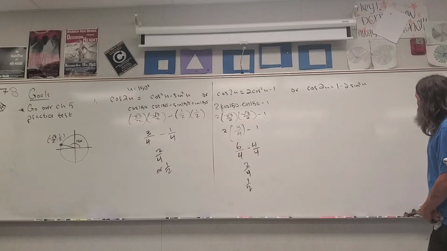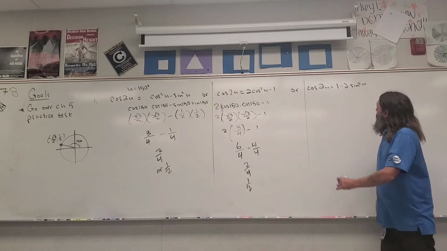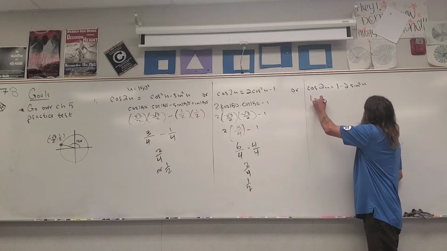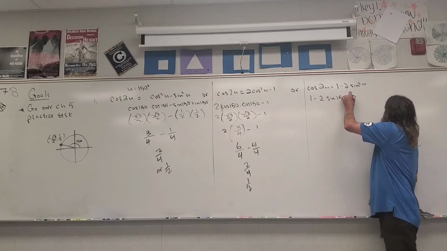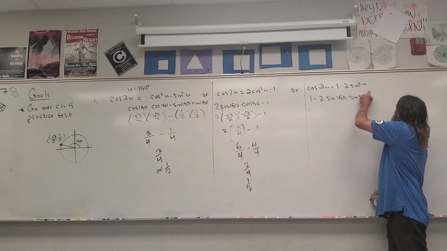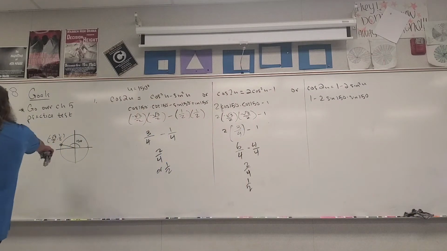Let's move on to the last one. I draw a line here to separate it out, and I get 1 minus 2 times sine of 150 times sine of 150. My y-coordinate at 150 degrees is 1/2.